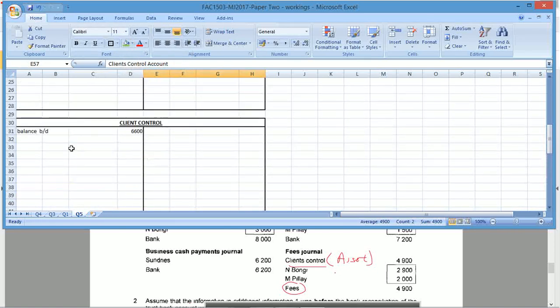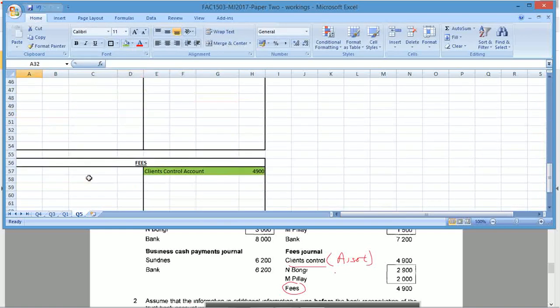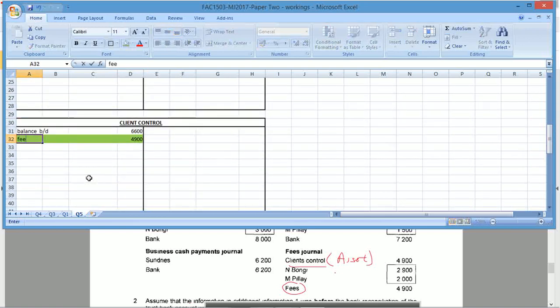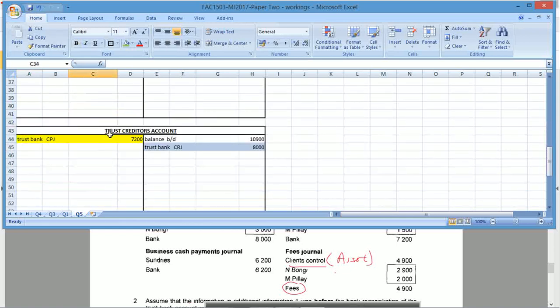And then in my control account, which is there, you're going to have the 4,900. That came from where? The fees account. I put it correctly in the client's control, but in the fees account, I posted it on the debit. Oh yeah, you can't post two debits. Yeah, I understand. Okay, that's why I'm just highlighting those two colors.